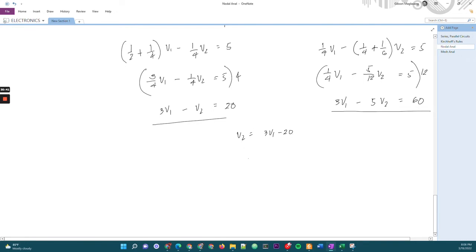That would be 3V1 minus 5 times 3V1 minus 20 equals 60. So we have 3V1 minus 15V1 plus 100 is equal to 60. Right? So we have negative 12V1 is equal to negative 40.